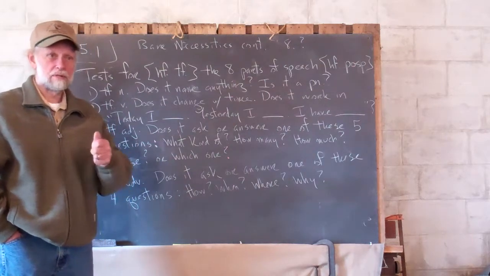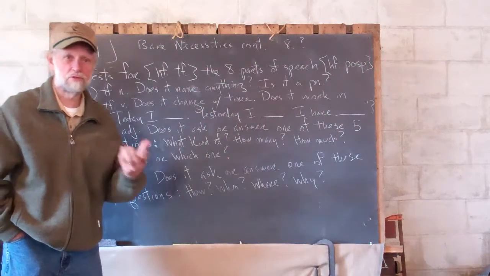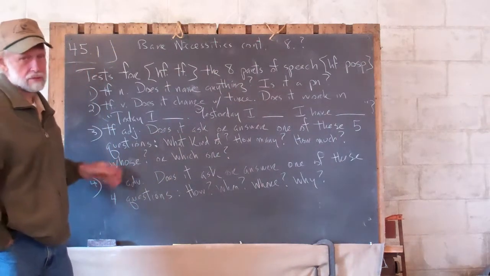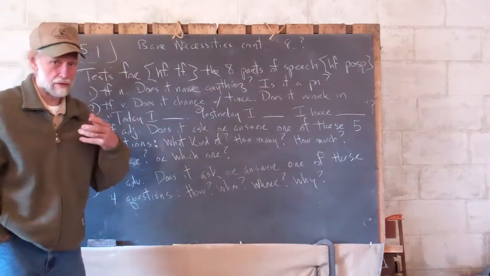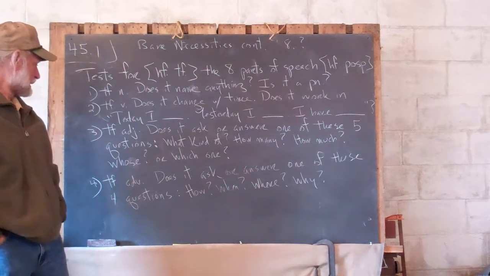Does it work in that? Today I sing, yesterday I sang, I have sung. Yes, it works in that. Well, it's a verb. I have an ulterior motive for giving you that formula, which I'll tell you about later on.